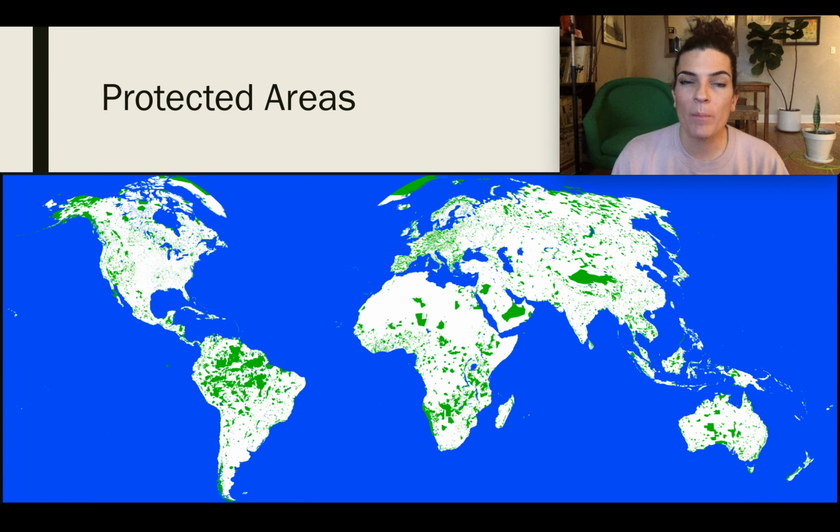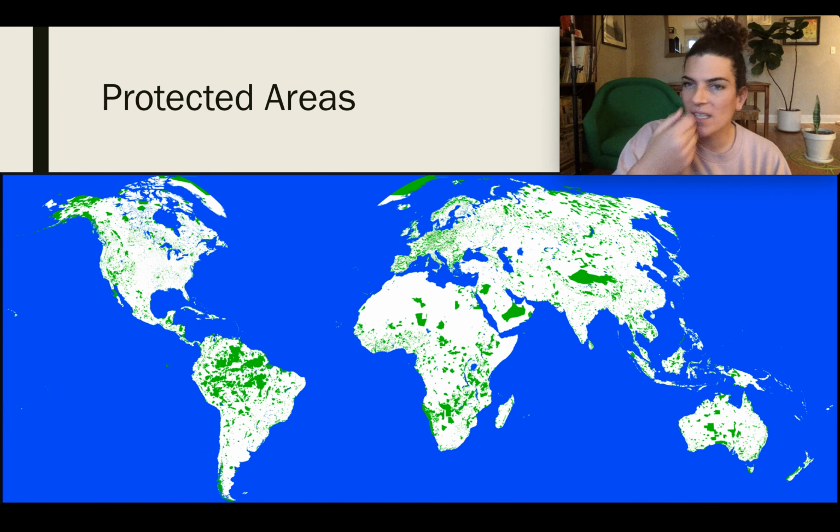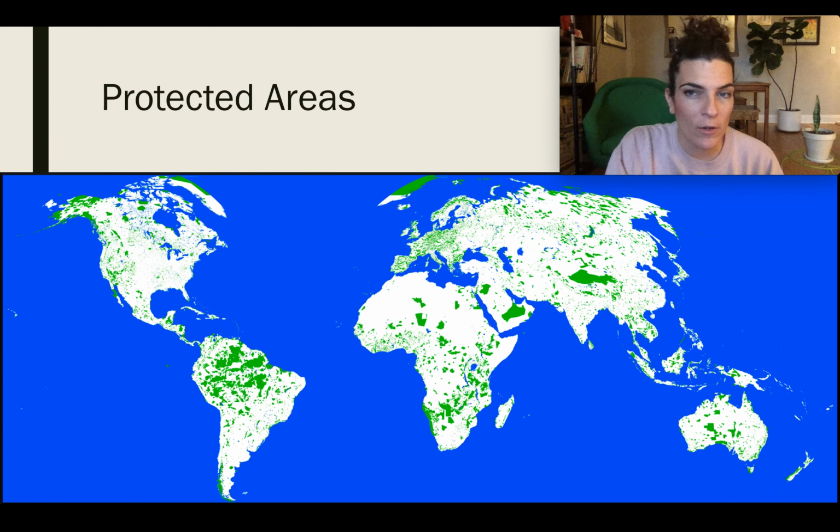That doesn't mean it's impervious and there's nothing bad going on in those areas, but they are ostensibly protected by law. But you can see that they don't really overlap with the biodiversity hotspots, or other things that we might think that they maybe should for human survival.